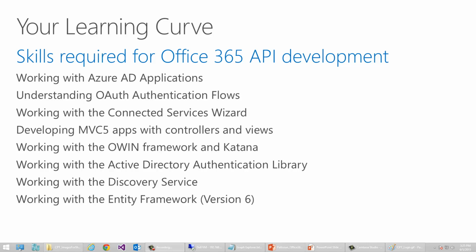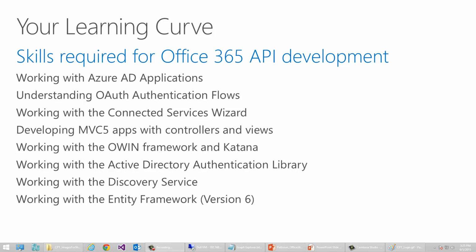Well, working with Azure AD applications, getting comfortable with the management portal in Azure, understanding OAuth authentication flows, using the connected services wizard that will hopefully soon be updated for the unified APIs, and developing MVC5 apps, understanding controllers and views, but also understanding the OWIN framework and the Microsoft implementation, which is known as Katana. Being able to work with the Active Directory Authentication Library and Entity Framework are all different skills that most programmers should get up to speed on.